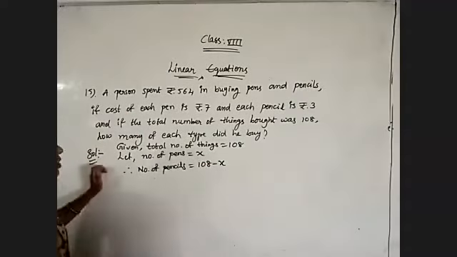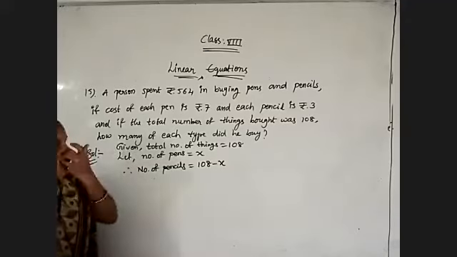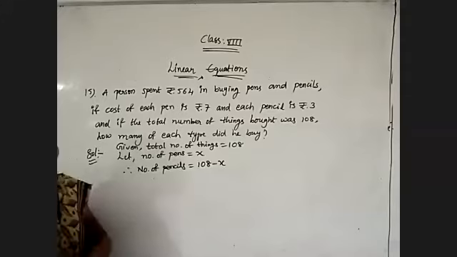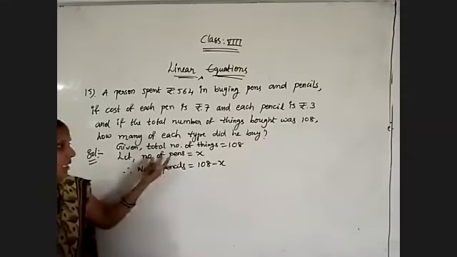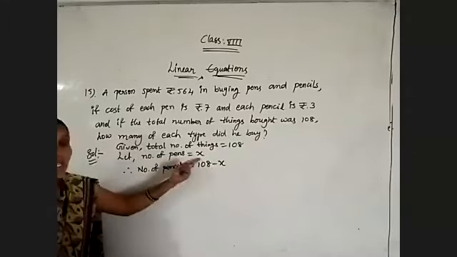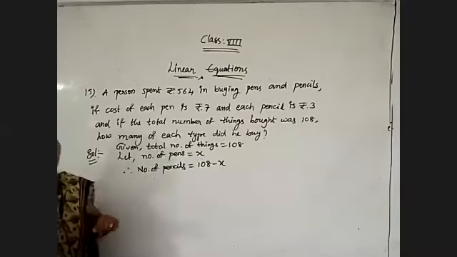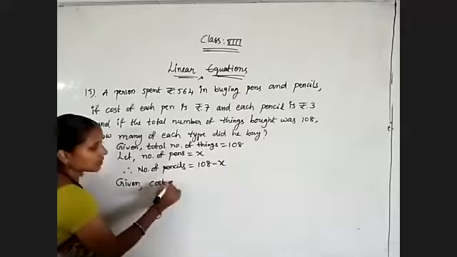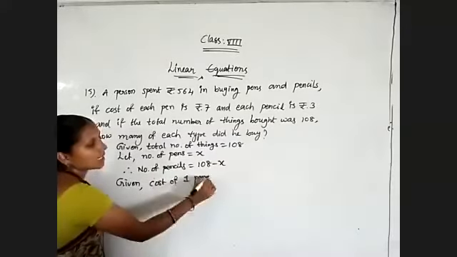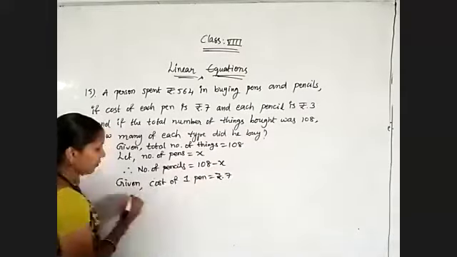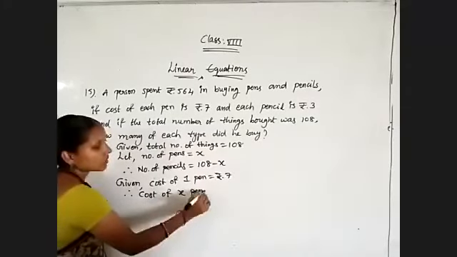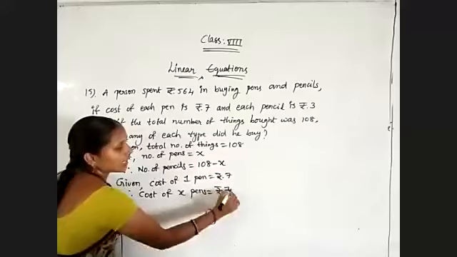Yes. So now, as I told you, 1 pen cost is 7 rupees, 2 pens cost is 14 rupees. Same thing, number of pens is x. So cost of x pens is equal to 7 into x. Given cost of 1 pen is equal to 7 rupees, therefore cost of x pens is equal to 7x rupees.